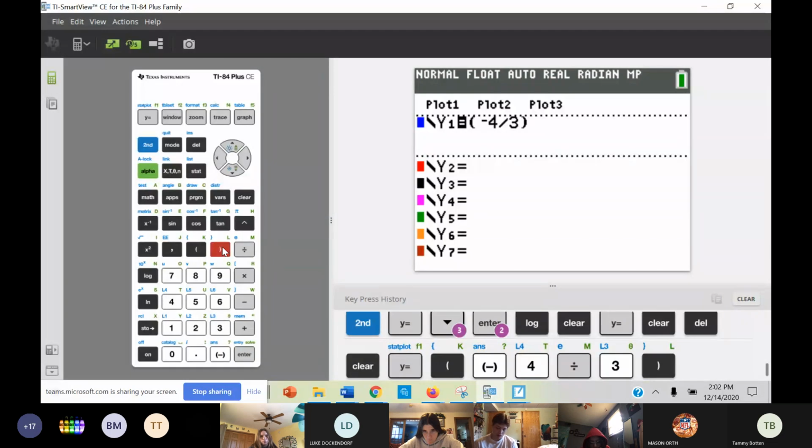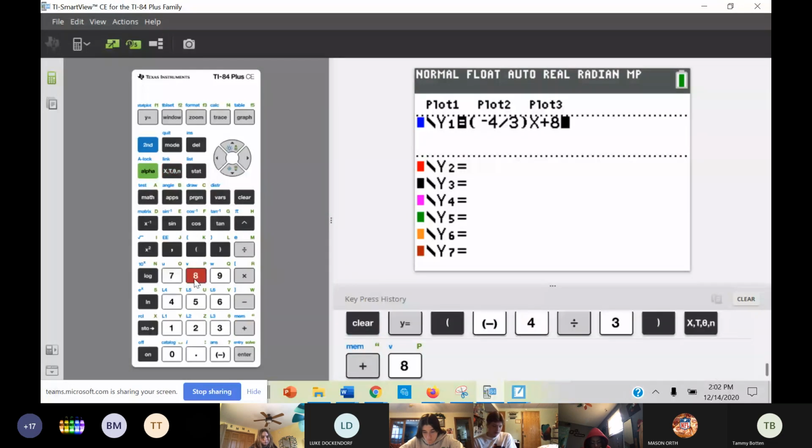Whenever you have a negative fraction, that's how you're going to have to do it. Then your x is to the right of the green alpha key. If you just click it once, it'll give you an x.